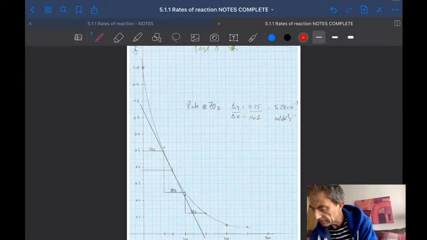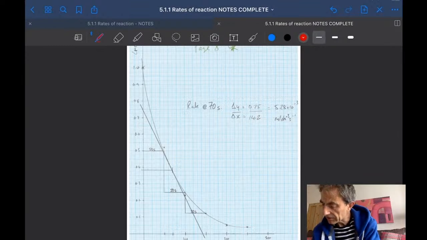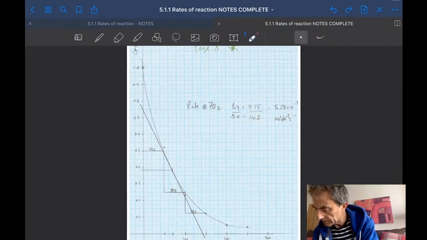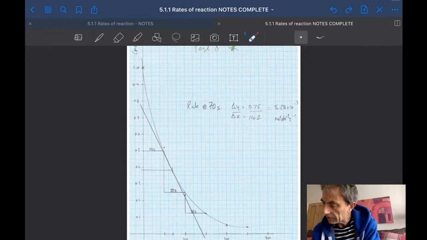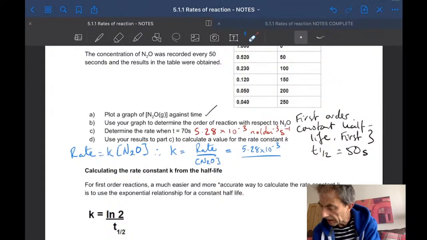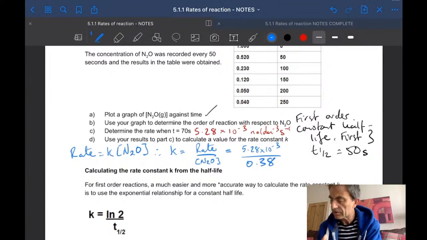So you'd find your 70 seconds, these graphs are awful to read, aren't they? You'd read off the concentration value. So it's here, I think. That'll be why that mark's there. Anyway, I've worked it out already. I got the concentration to be 0.38 moles per decimeter cubed. So that's the concentration value for that point.